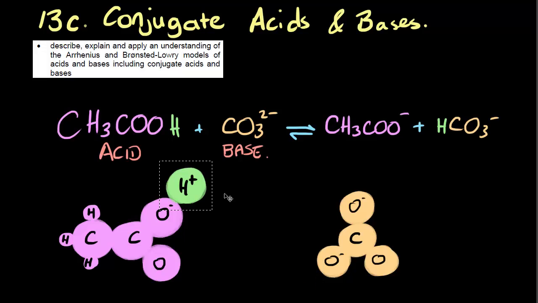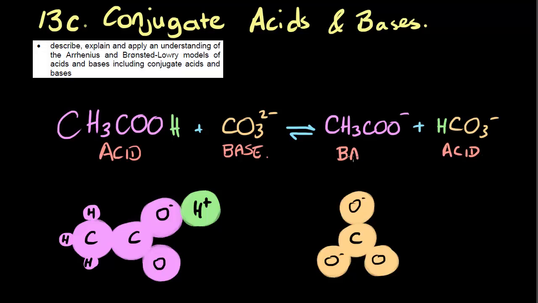So this H+ moves from here back onto the acetate ion to form acetic acid. During this process, the HCO3- gave up its proton, so during the reverse process, HCO3- is an acid. Also during the reverse process, my acetate ion accepted a H+. So during the reverse process, the acetate ion acts as a base.